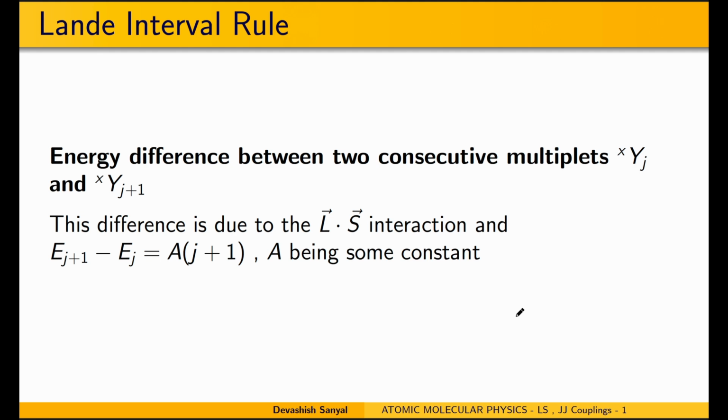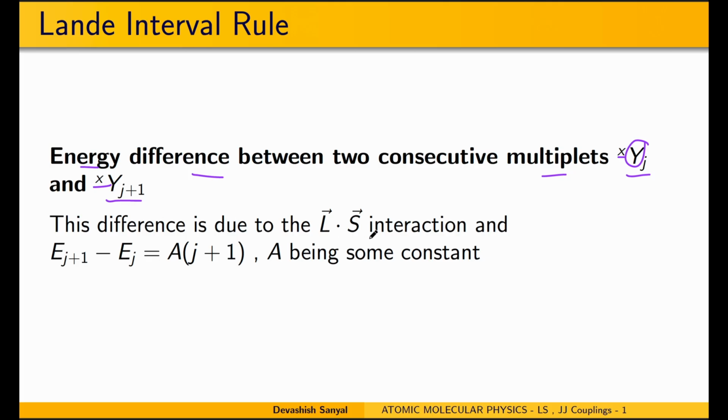And now we go to the Landé interval rule. The Landé interval rule gives the energy difference between two consecutive multiplets with this spectroscopic notation. So this is the multiplicity, this is the orbital quantum number, and J and J plus 1 are the total quantum numbers.